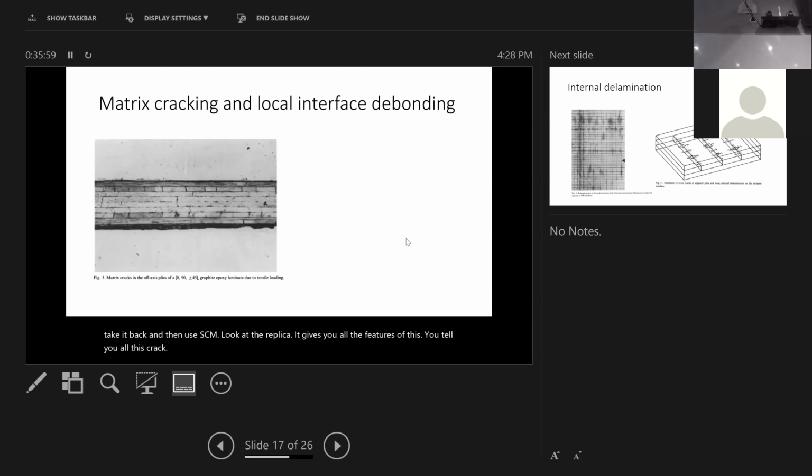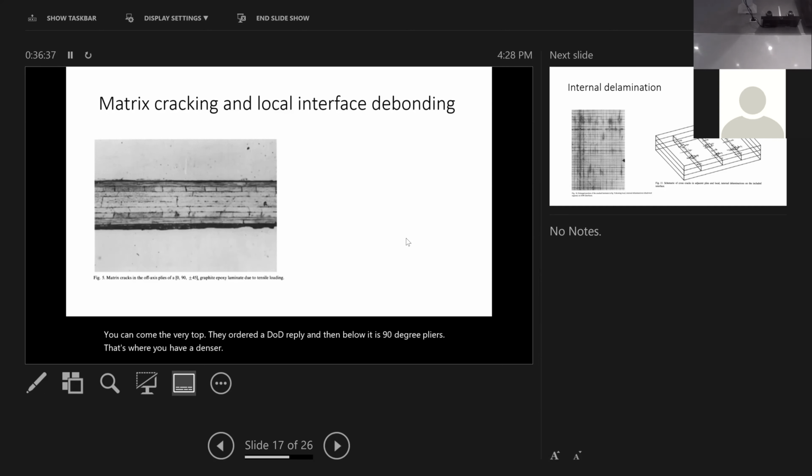What you start seeing, for this 8-layer laminate, is that cracks occur in the cross layer, which is 90 degrees, and then in the plus minus 45. And they have two different kinds of spacing. The 90-degree one is denser. On the very top are the 0-degree plies. There are 8 plies. You can count the very top 0-degree ply, and then below are the 90-degree plies, and that's where you have denser cracks.